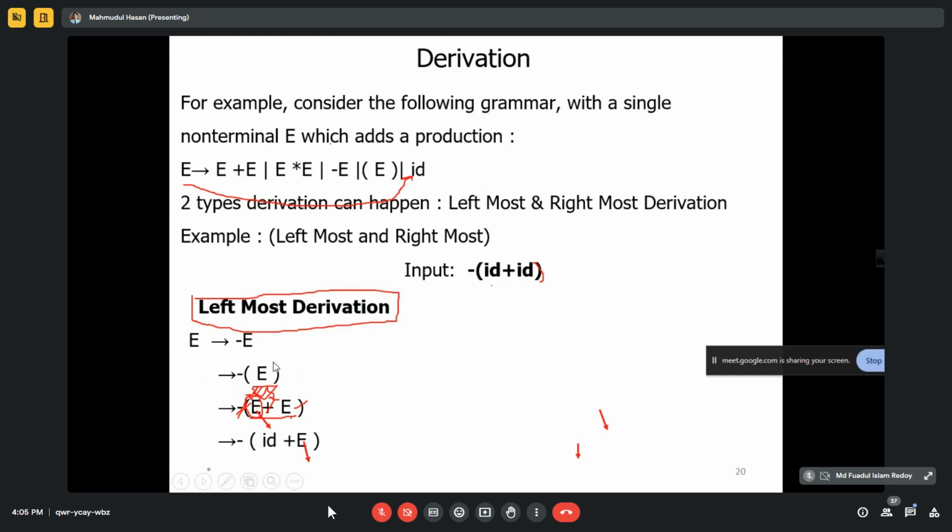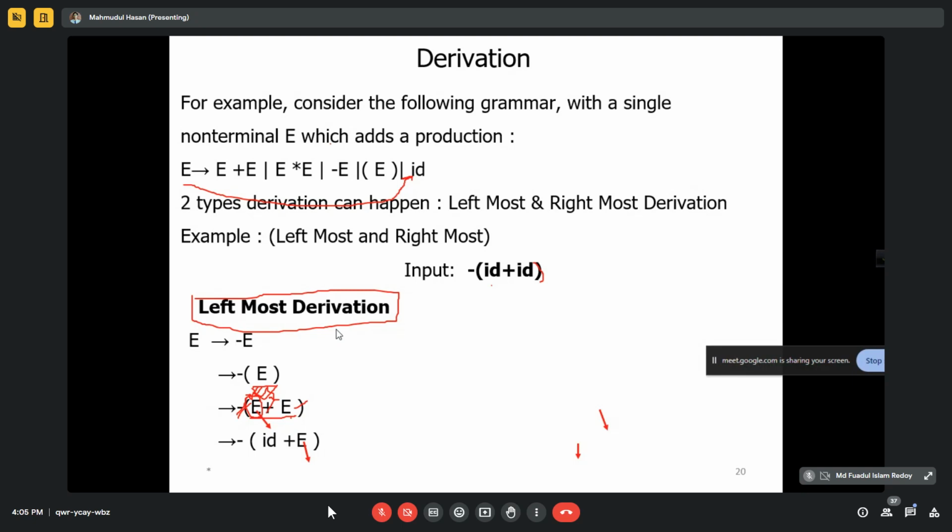Actually, there are two approaches, and it totally depends on the designer which type of derivation your compiler follows. Mostly it is leftmost derivation; this approach is mostly used. But suppose you are making a compiler, you can choose rightmost derivation.